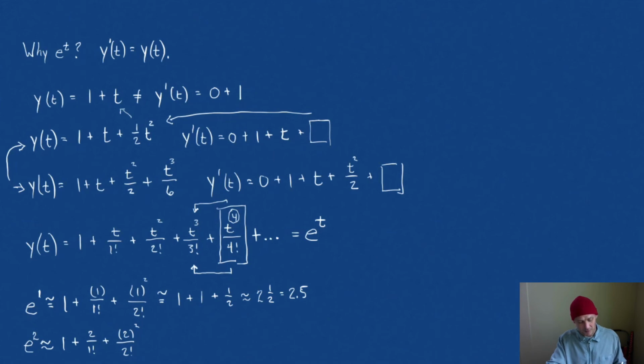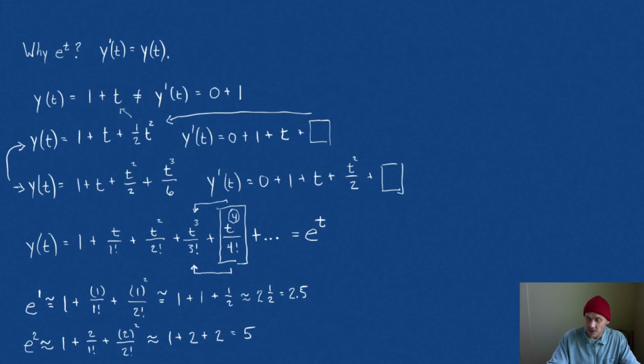And I'm going to stop there, but this would sure get me close to probably what e squared would be. Well, I have a 1 plus a 2 over 1 plus 2 squared, that's 4. 4 divided by 2 is 2. So 5? Is e squared close to 5? Well, you could always add another term and just find out how much closer you want to be.